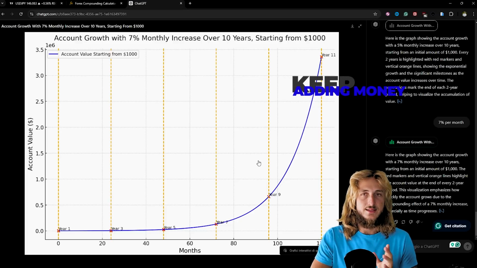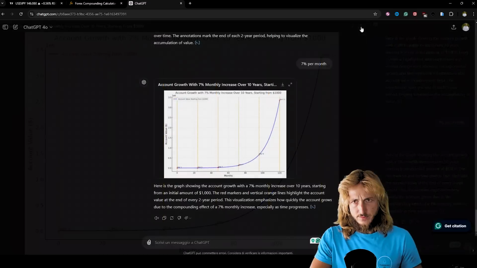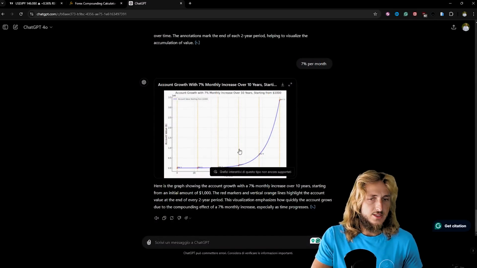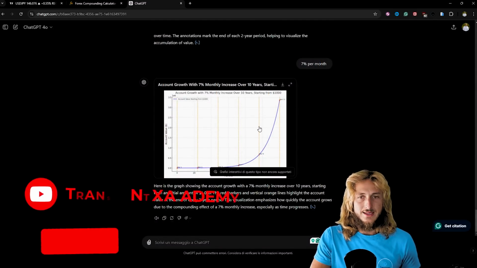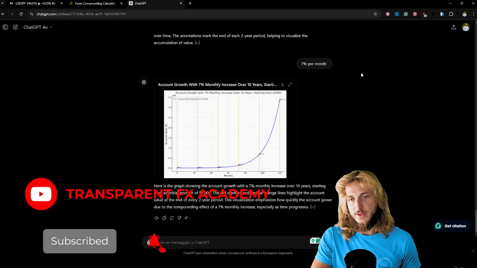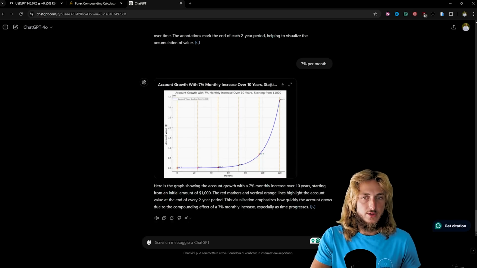Obviously this decreases massively the amount of time that it takes to get to the more, let's call it, juicy part. Now, do you think that it will be the same thing if we increase the amount of years, let's say to 20 years instead of 10 years?